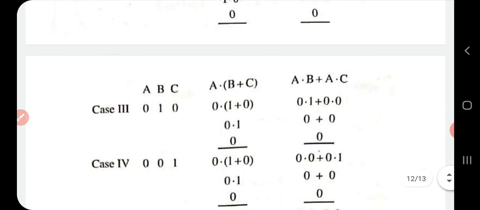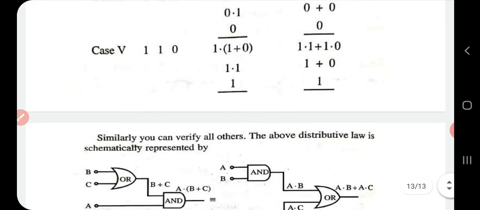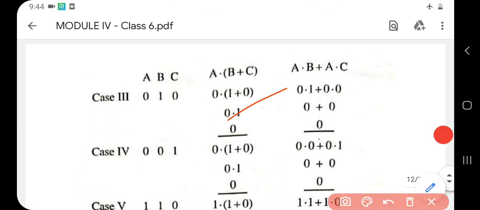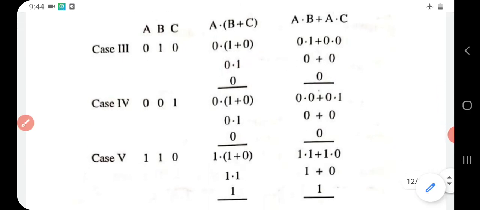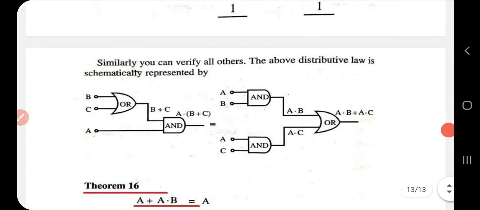Then A is changed to 0, B 1, C 0. Then cases 4 and 5. So within these 5 cases we are just changing the values for A, B and C, and accordingly substituting the values and proving the theorem. So you have to study all these 5 cases. That is how the values are interchanged. And from all this we can verify this theorem.